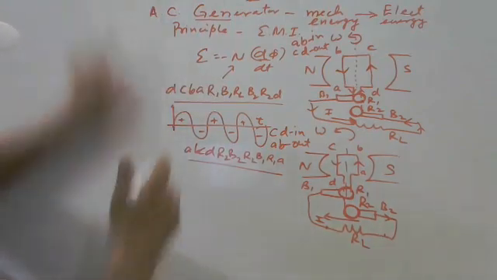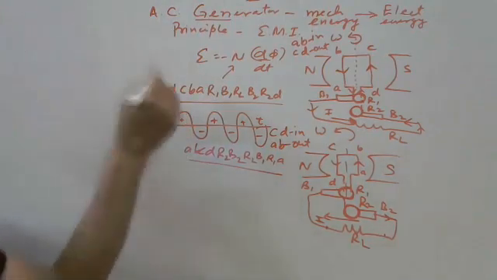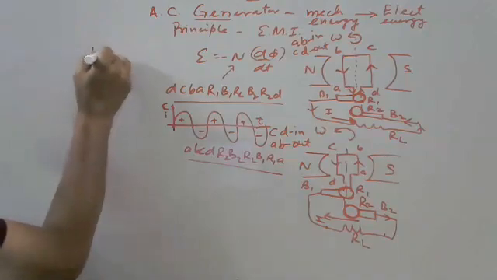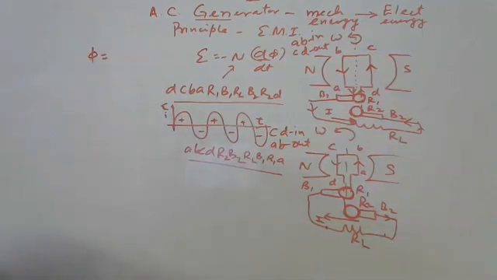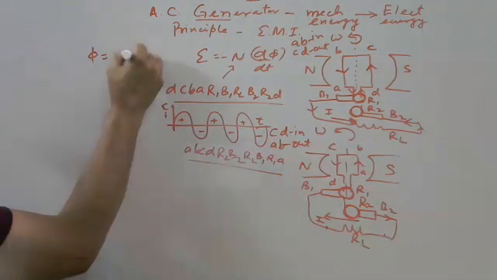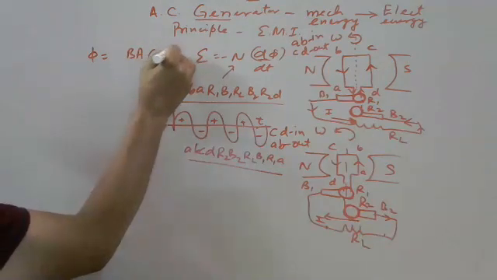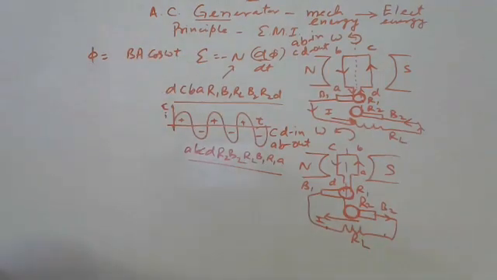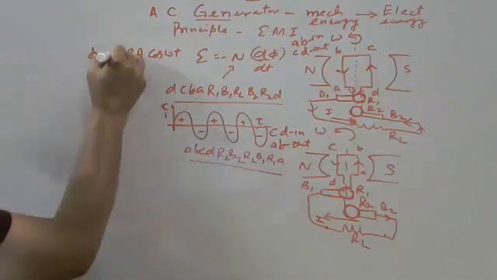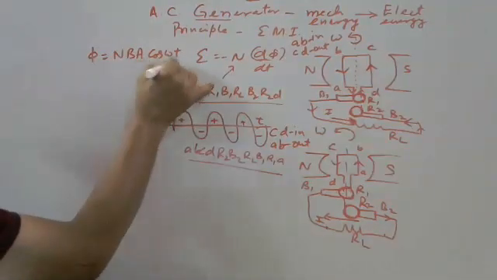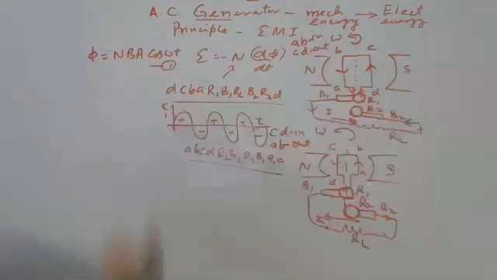Okay. Now see, the flux linkage can be written as BA cos theta, or BA cos omega t. If the number of turns is N, you can multiply it by N. So this is the expression for flux linkage. Think about the induced EMF.